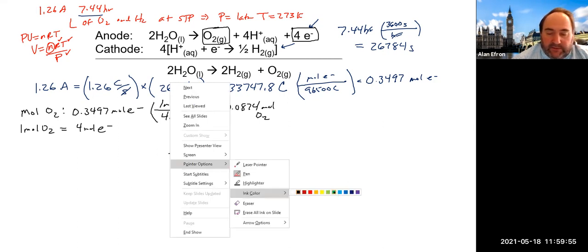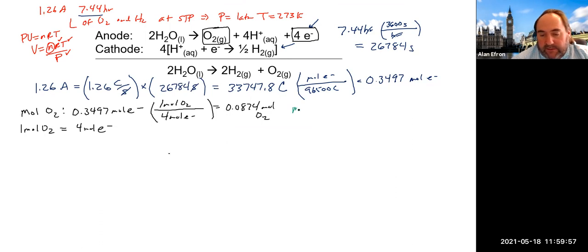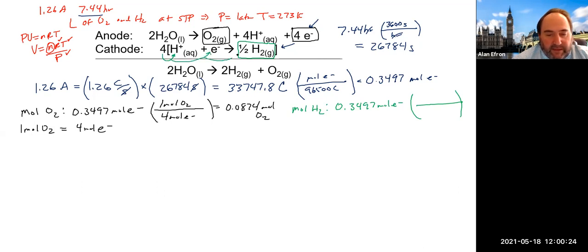So for our moles of H2, we would start with our same moles of electrons. We would go to the half reaction that involves H2 and get our relationship. So this one, there are a few things going on. There is a 4 here on the outside that does get distributed to everybody.